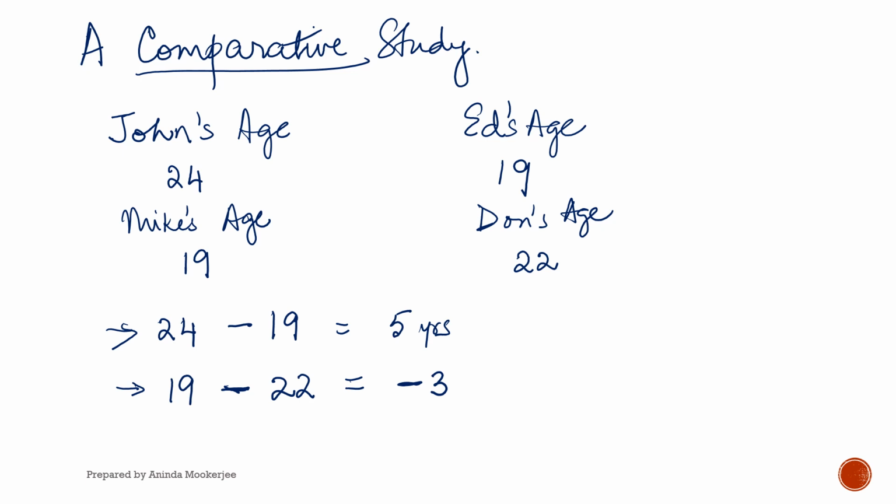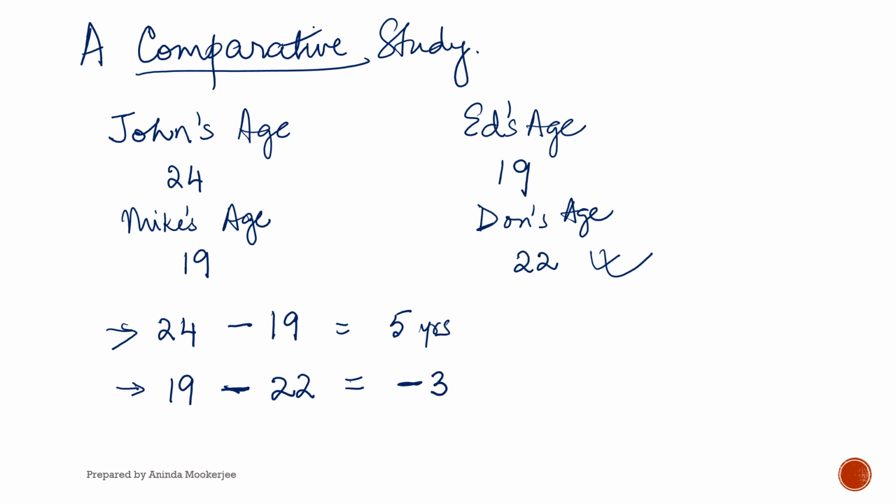That tells you that Don is older than Mike. When we have a negative value for our difference, that means the second value is higher than the first value. So we are going to say in this case that Mike is younger than Don by 3 years, or we can say Don is older than Mike.